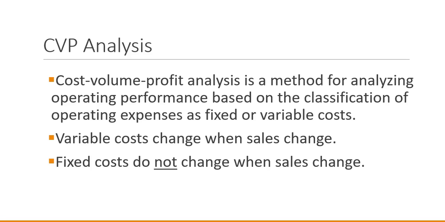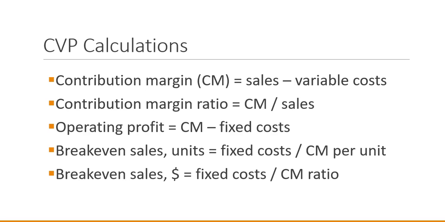Another simplifying assumption is that we will define variable costs as any costs that change when the number of units sold changes, and we'll define fixed costs as the expenses that do not change when sales levels change. Here's a group of formulas that are important for CVP calculations that we'll see examples of to follow.